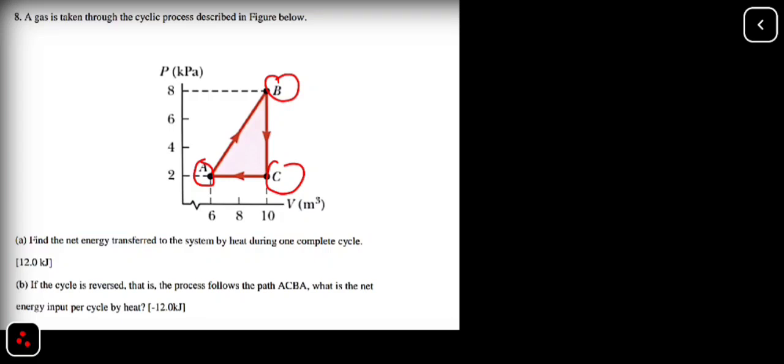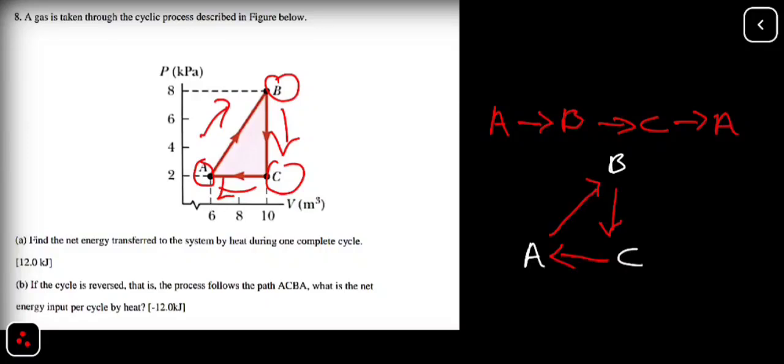We start from A, go to B, then C, then back to A. As you can see from the arrows, A to B, then C, then back to A. This is the cycle we are following.